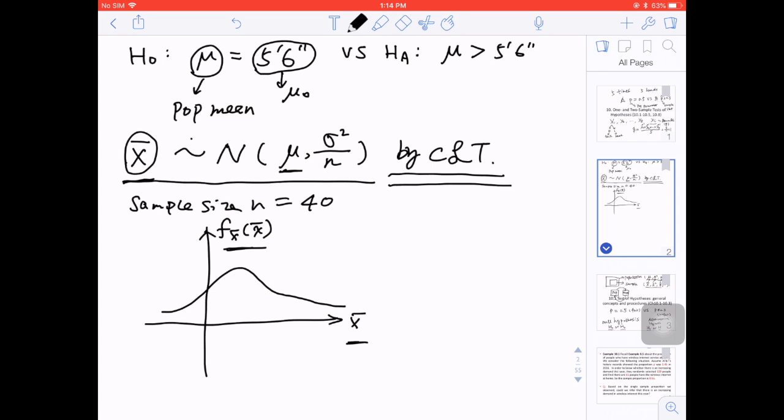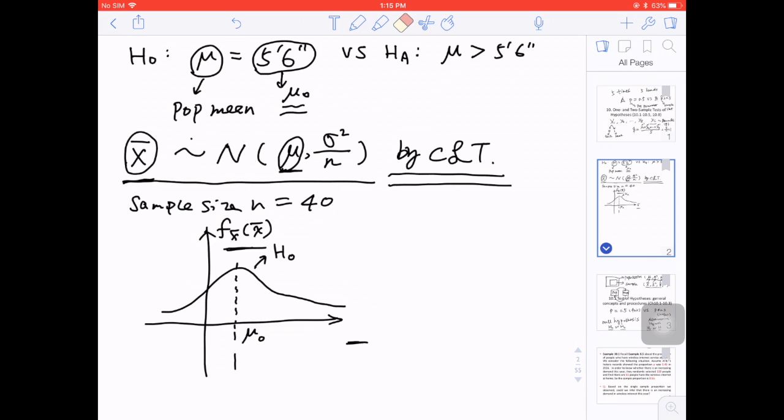It's symmetric with respect to this true mean mu, the one that we're interested in. So this is mu. If H0 is correct, which means my mu is equal to mu 0. So this is mu 0, and this is the PDF curve of my H0.